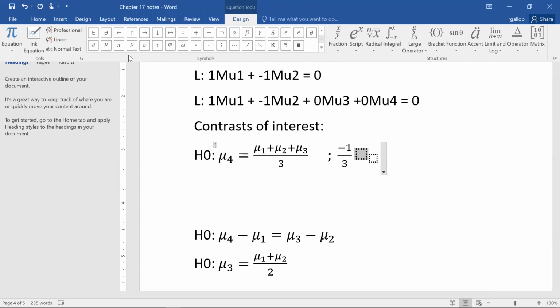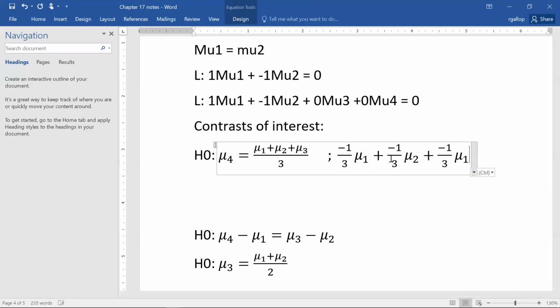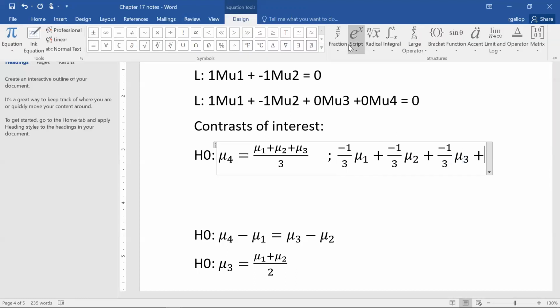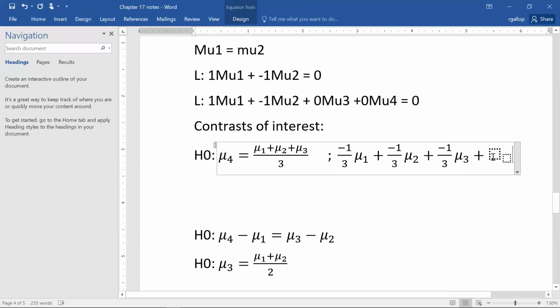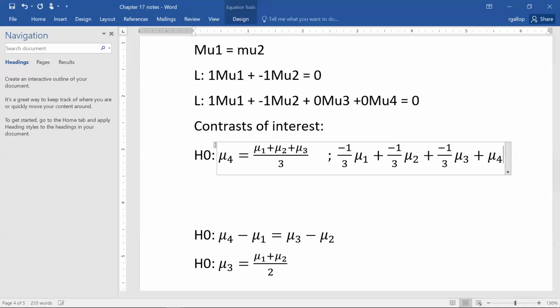So if we go real quick here, this ends up being minus 1/3 plus, then we go, okay, in this case here, that's the equation of the linear contrast.